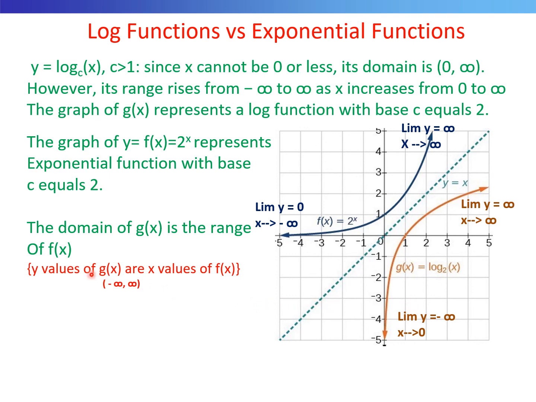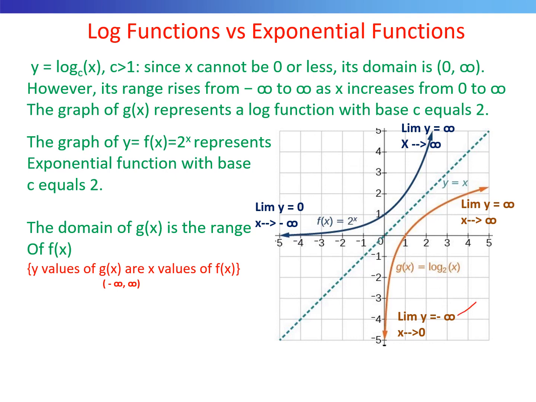The y values of g of x. Let's use the pen and do some coloring so that it will be a little bit clearer. We said the y values of g of x are these.